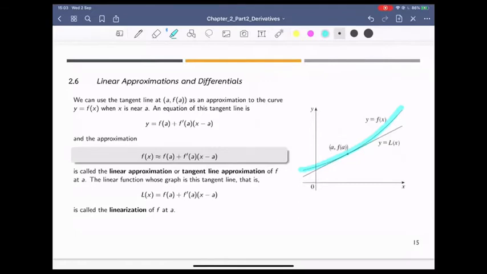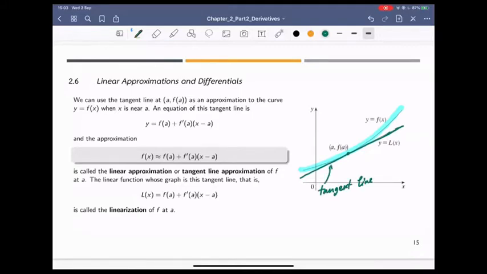So I have the curve y equal to f(x), and I am focusing on the point a, f(a) here. So we know that the tangent line at the point (a, f(a)) is the line that I just drew in green here. This is called the tangent line, right?